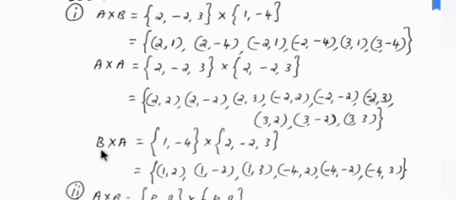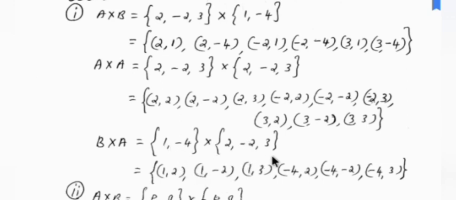B cross A. First substitute B. Here B is given {1, -4}. Then put this cross. Then substitute the value of A. A is this set {2, -2, 3}. Then take the cross product. First one, (1, 2). First one, second one, (1, -2).